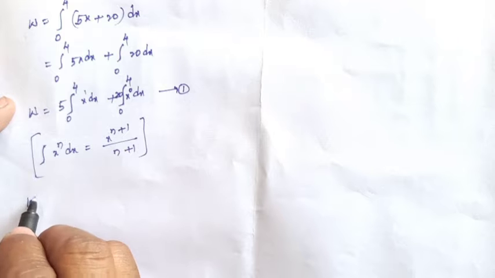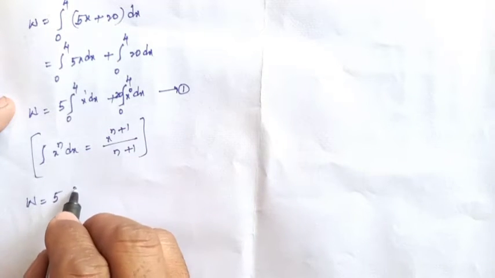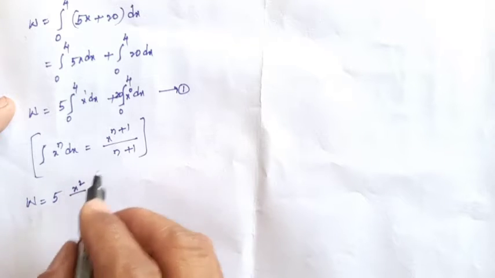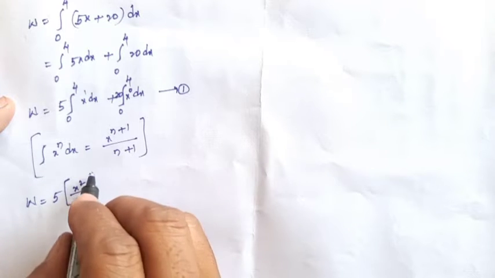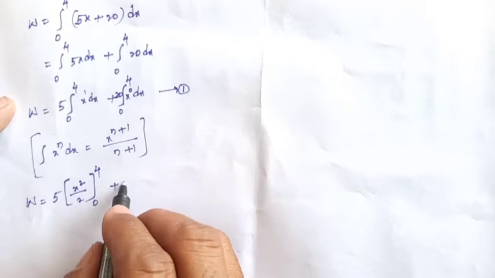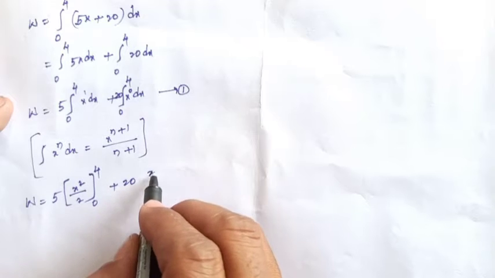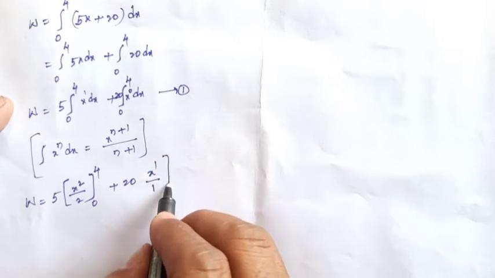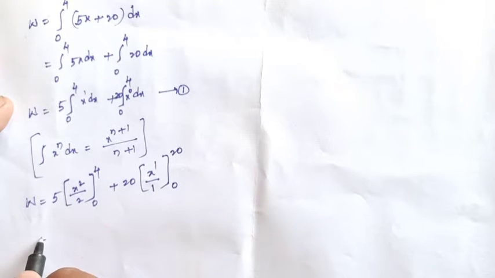So W equals 5 times x square by 2, from 0 to 4, with lower limit 0 and upper limit 4, plus 20 times x power 1 by 1, with upper limit and lower limit 0. That equals 5 by 2, where 2 is a constant taken outside.